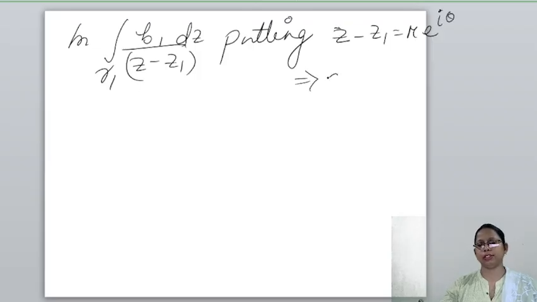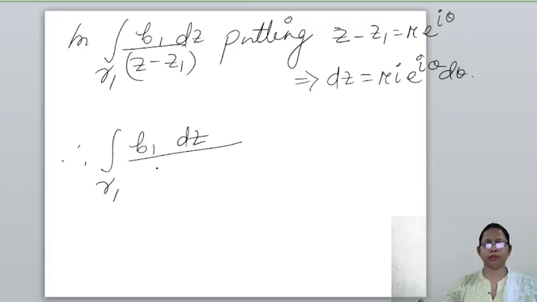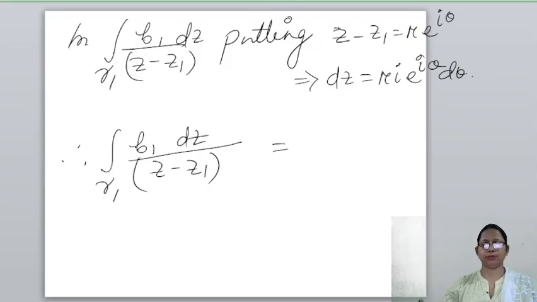This implies dz will be r i e^(i theta) d theta. Therefore, since b1 is free of z, b1 can be taken outside.